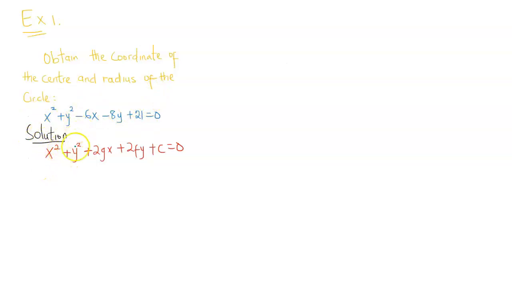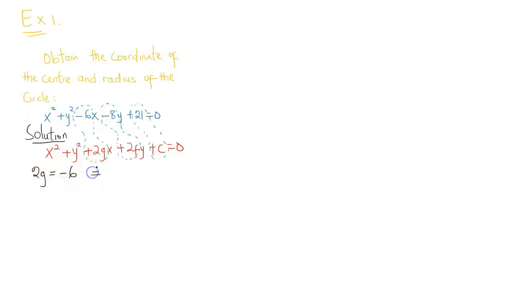Okay, so comparing both equations, we would see that negative 6 is going to be equal to 2g. Also, negative 8 is going to be equal to 2f, and c is going to be equal to 21. So we have 2g, that's the coefficient of x in the general equation, being equal to negative 6, because negative 6 is the coefficient of x in the equation that we are given.